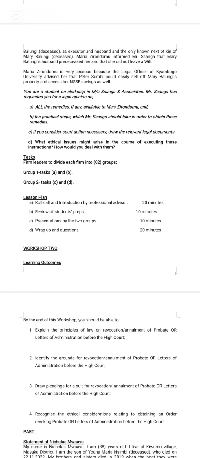Then we can also apply for what we call administration pendente lite, because administration pendente lite requires that they can appoint an administrator before the property is being misused. And then another thing, we can apply for a temporary injunction and then interim orders.